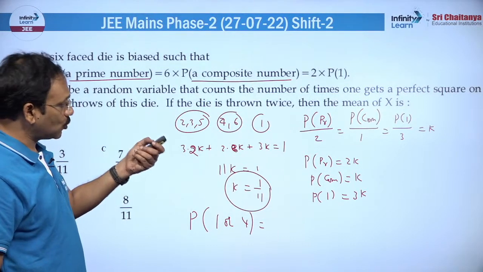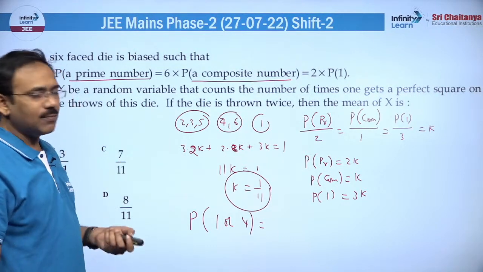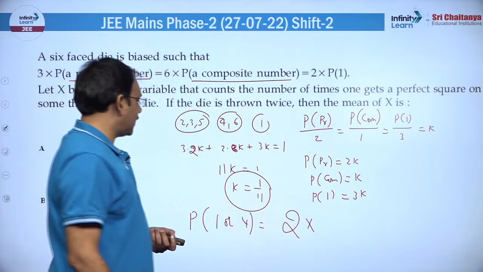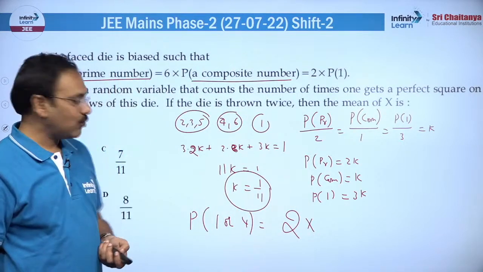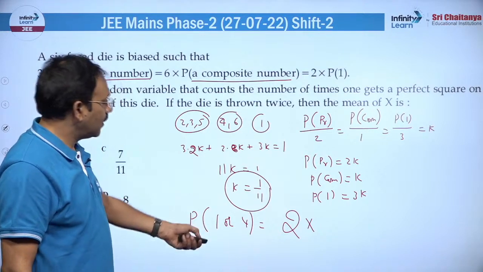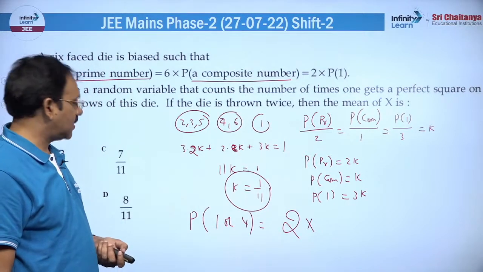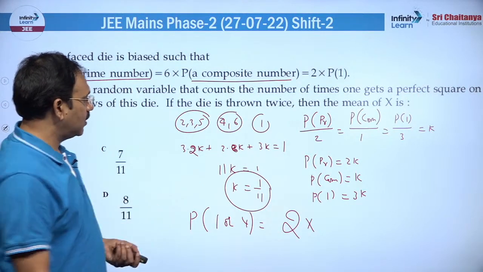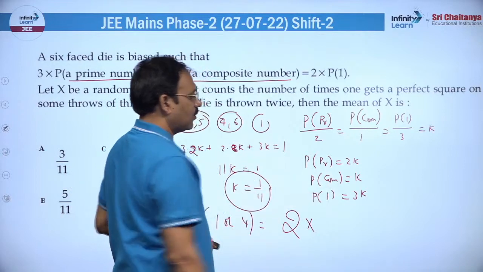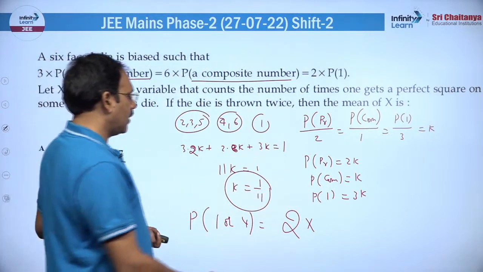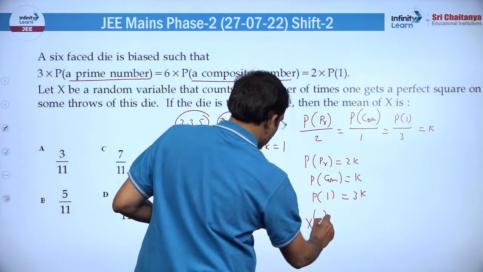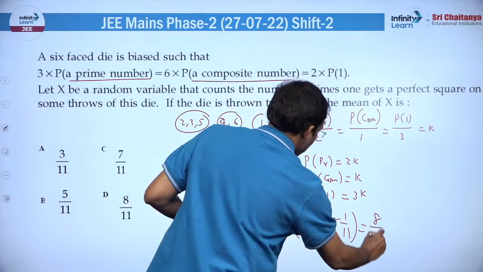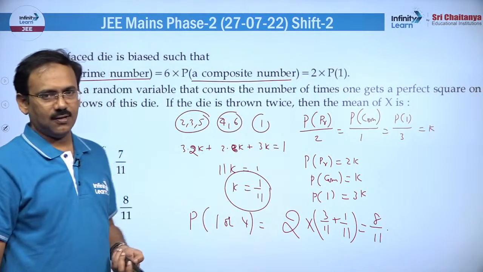If the die is thrown twice, the mean formula is NP, N is 2 times it is thrown, and P is, in the sense, we have to take probability to get 1 is 3k, that is 3 by 11, and especially 4, it is a composite number, so this is k, that is 1 by 11. Altogether I can say 3 by 11 plus 1 by 11, which is 8 by 11 is the mean of the data, that is it.